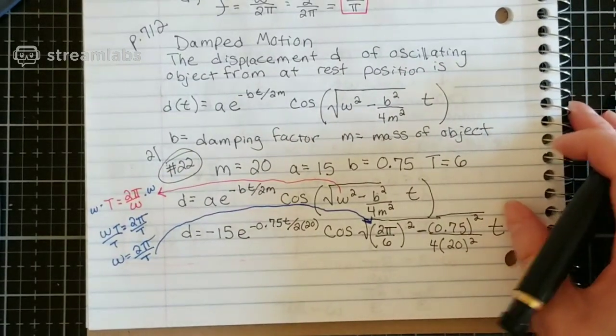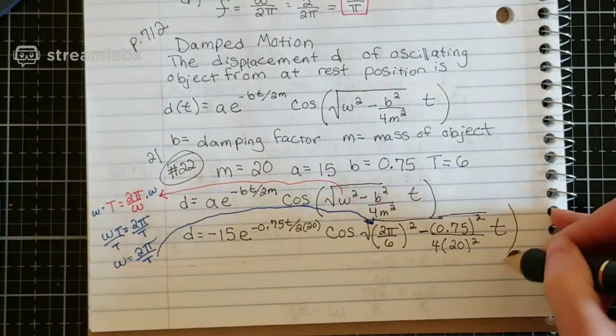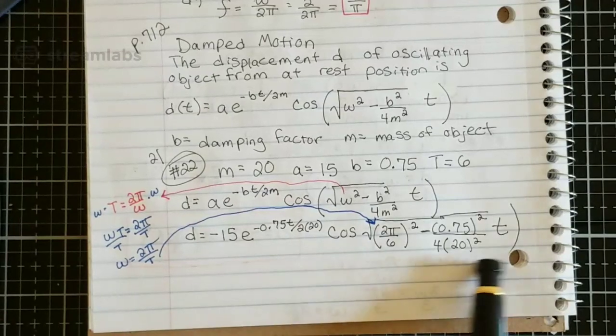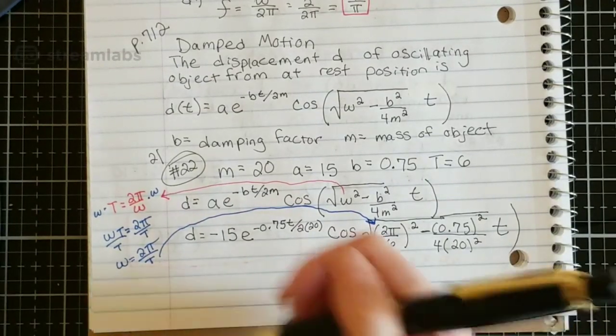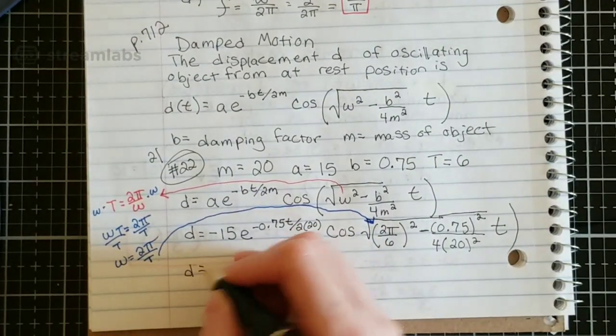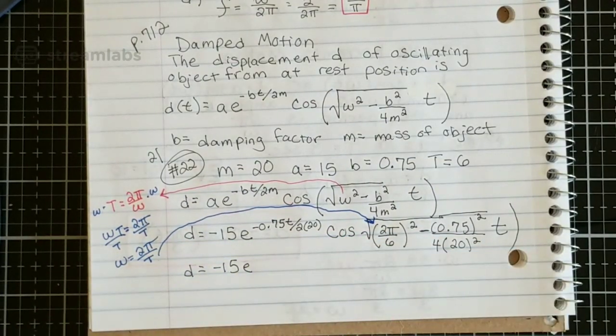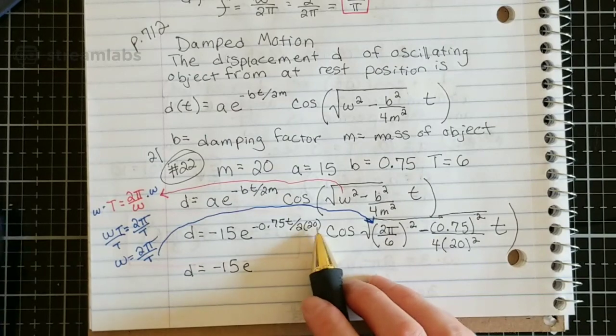Move this over so we can see everything here. All right, now you're going to want to kind of reduce stuff. I mean, you could put this in a calculator like this, but it's really kind of messy. So let's get it simplified down a little bit. All right, so I know 2 times 20 is 40.